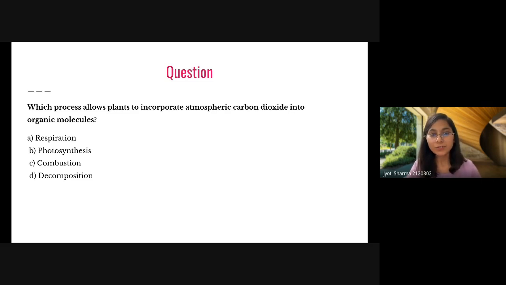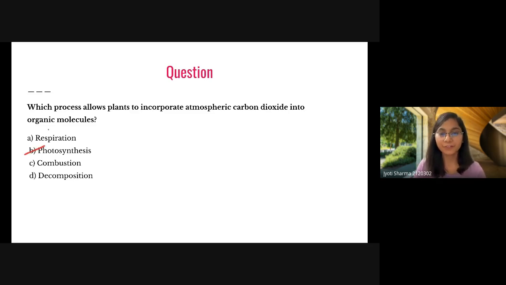Plants are taking CO2, plants synthesize something into an organic molecule, and this process is what? The simplest question ever asked. So this is photosynthesis, right?